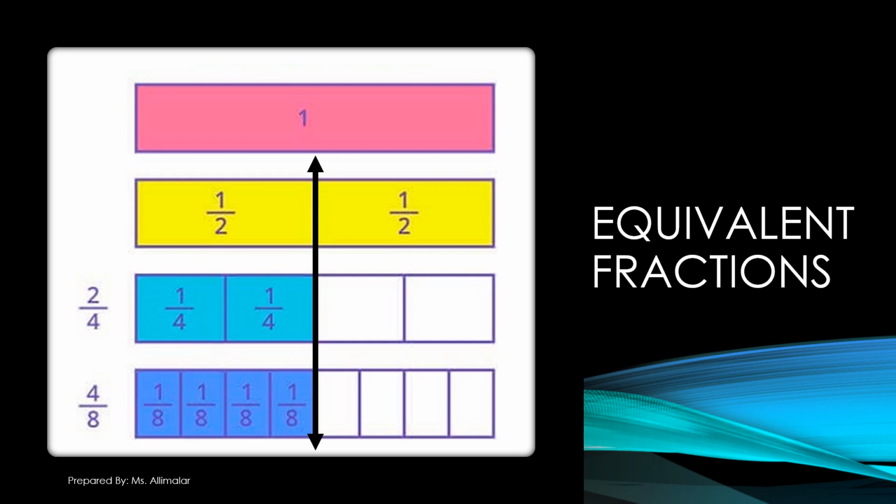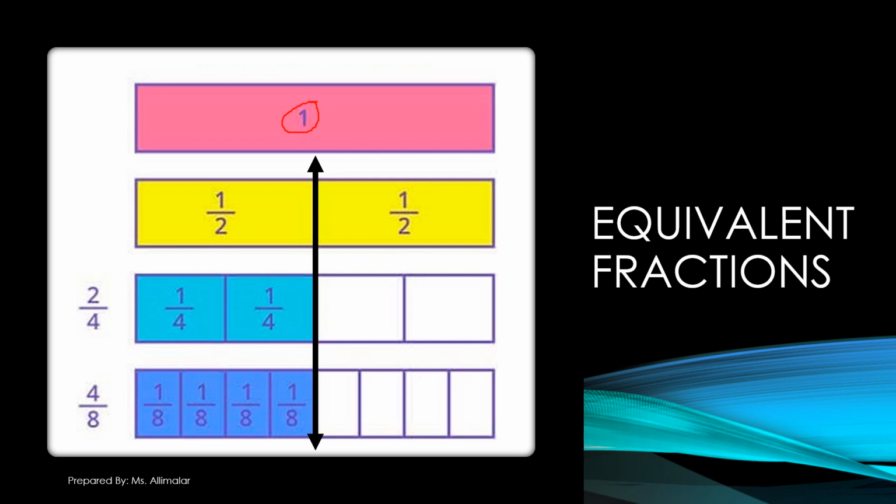Now we are going to look at equivalent fractions here. I will explain each bar now. Example. Now look at the top one, guys. This is one whole bar. They didn't cut. That is the reason they put one. They didn't put in fractions.